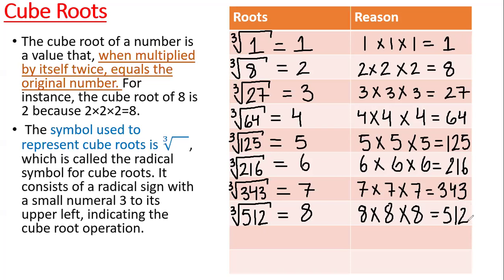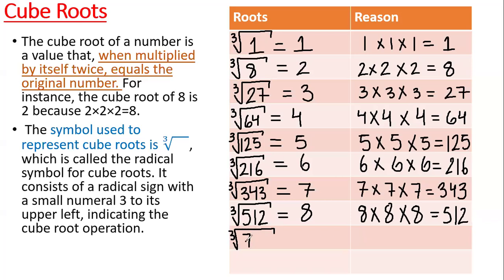Oh, no. So basically, the next one is actually not 1024. It's going to be 729.